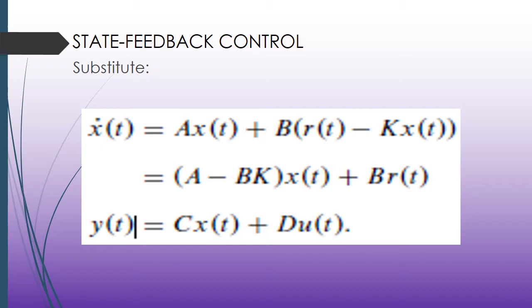So we have x dot of t equals Ax of t plus B times r of t minus Kx of t, which is equals to (A minus BK) x of t plus Br of t, while y of t equals Cx of t plus Du of t.